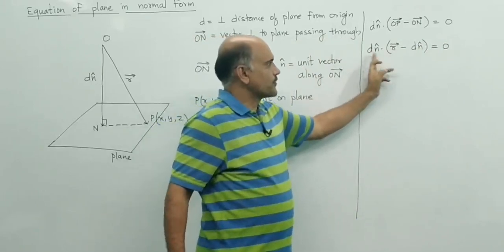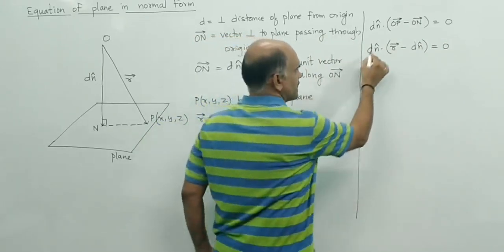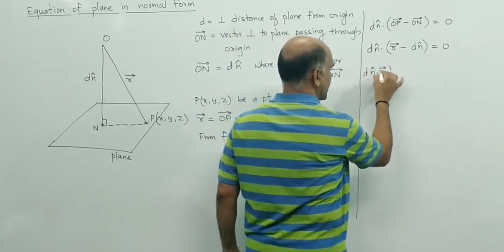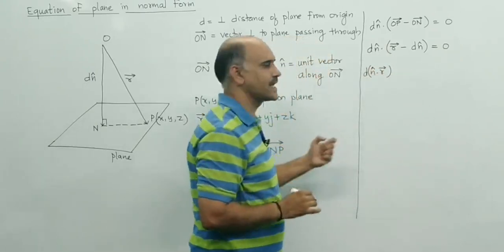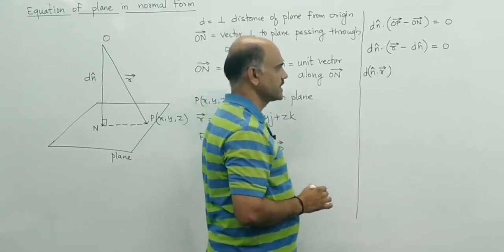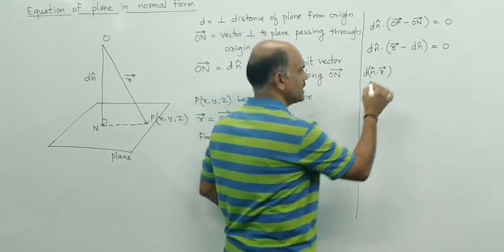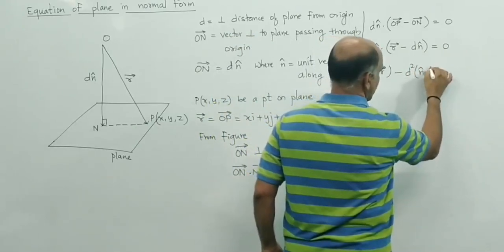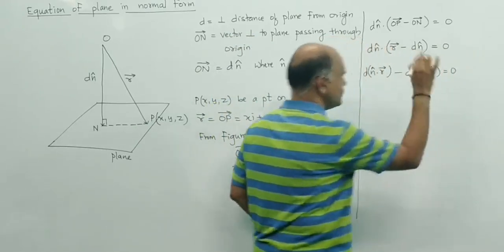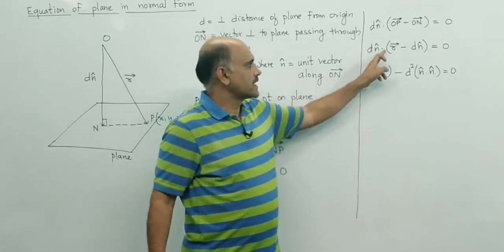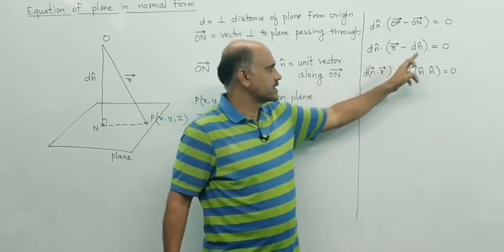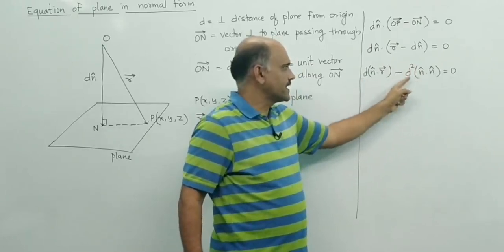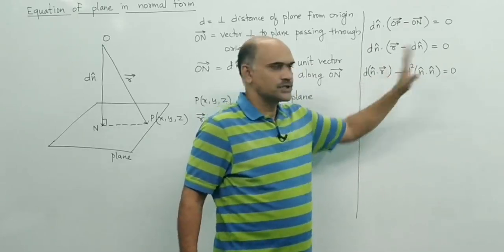Now take a dot product between these two. D is a scalar quantity, so D n cap dot R minus D square n cap dot n cap is equal to 0. If I take D common, one D goes and one D remains.